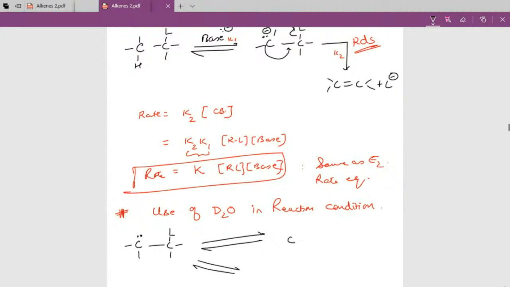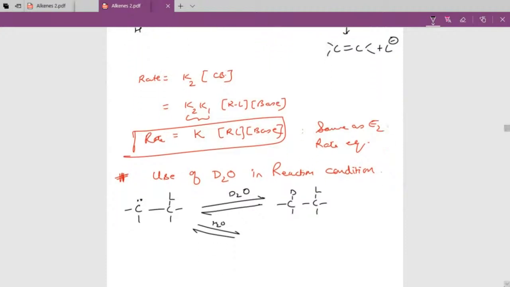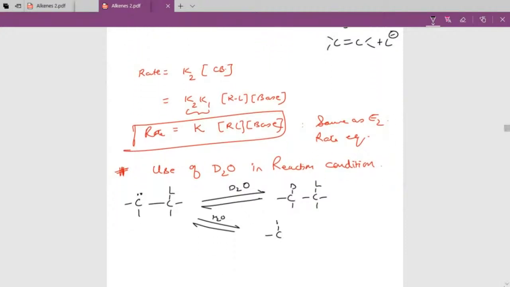It can absorb D2O, it can have H2O if you add. So if you find exchange of this beta H to deuterium, if this is observed, then it is E1CB. A full carbanion was formed.